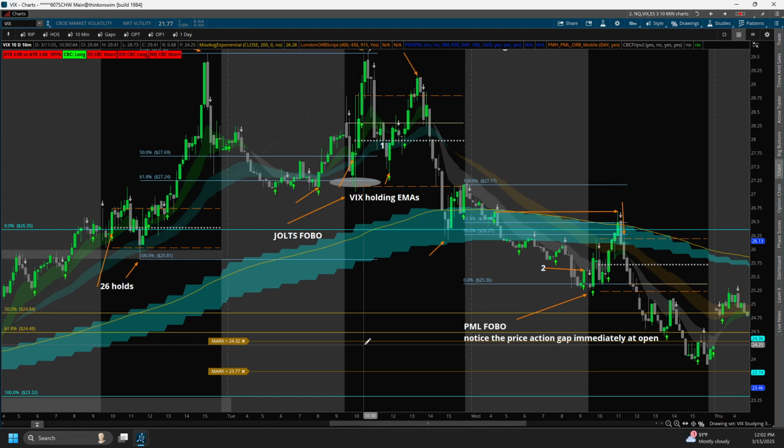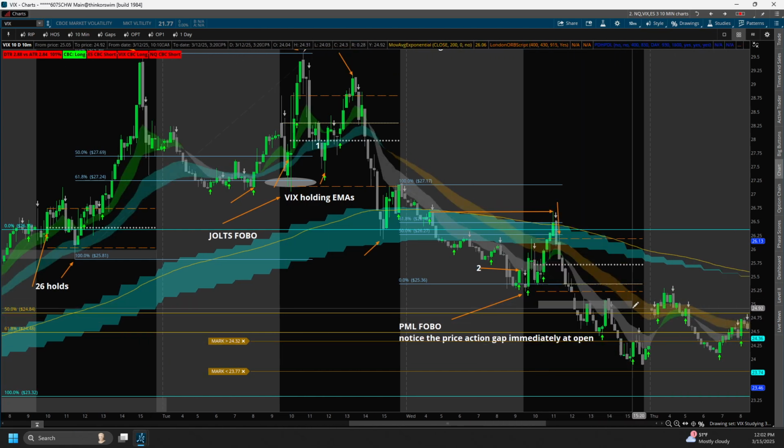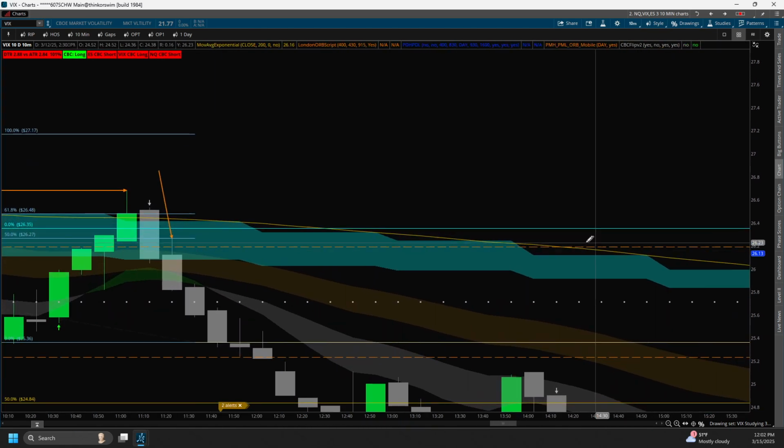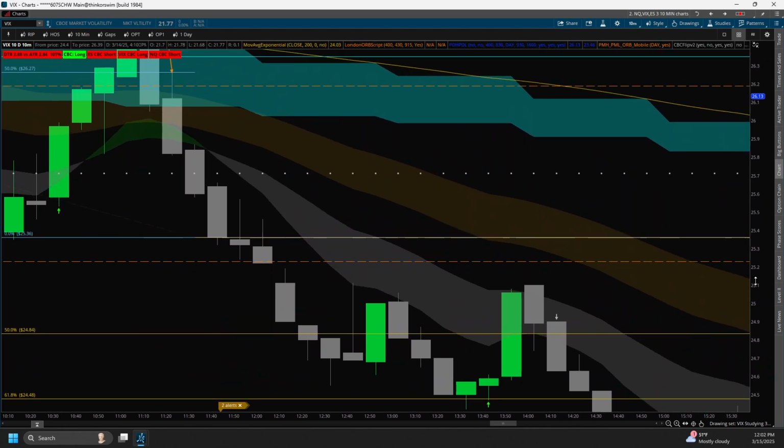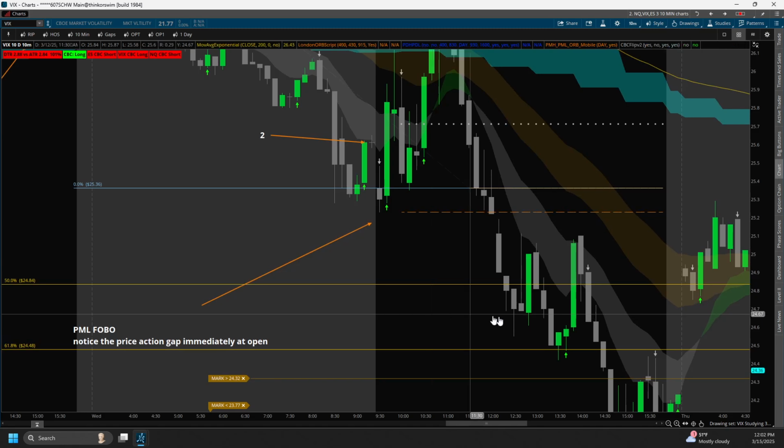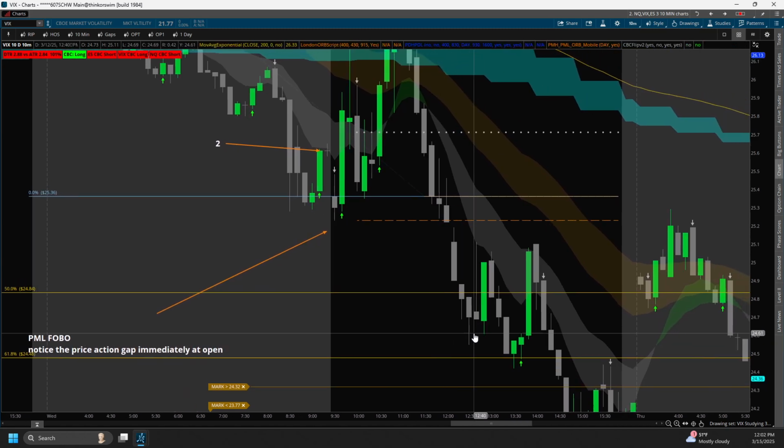This price action was very concerning to me, as we were now sitting in the golden zone of that Monday gap up for VIX. And so I'm expecting there to be some sense of a reaction here. And if VIX is going to hold this general area, we will go lower. But if not, we are going to go back up and go higher.